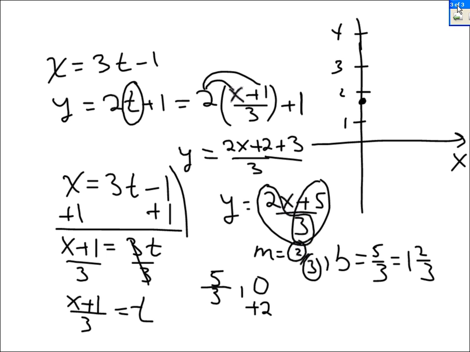The change in x is 3, so you add 3 to the x and you get another point. You get 14/3, 2. 14/3 is just below 5. And there's your line.